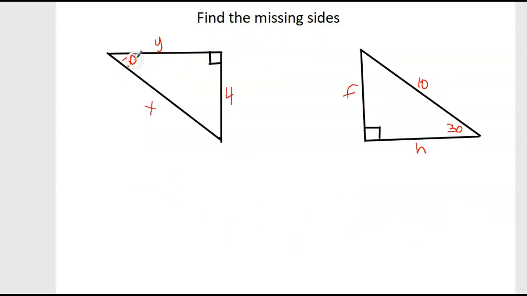All right, so we have been asked to find the missing sides. Here we see that we have 30 here, we have 90, so obviously here has to be 60. If that is the case, then we are using the special right triangle, which is 30-60-90, and it comes with a ratio of 1, root 3, 2.